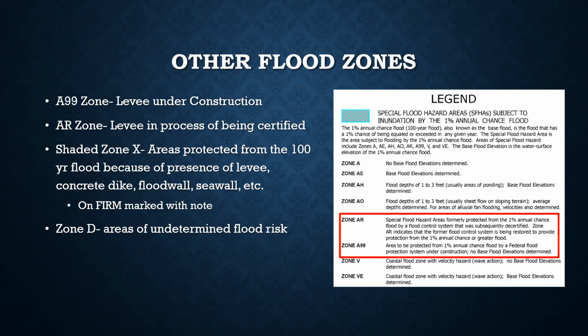It says shaded zone X due to levee or due to concrete dike. And in the case of riverine studies, and I just have a lot of experience with levees, you'll see that shaded zone X on the landward side of the levee.